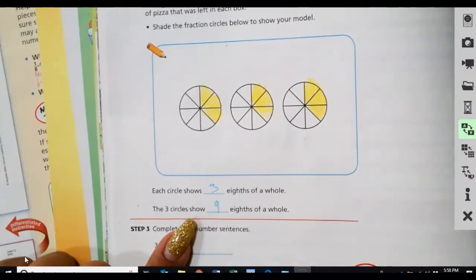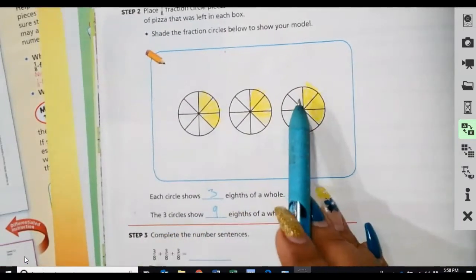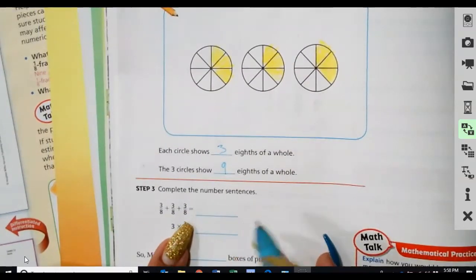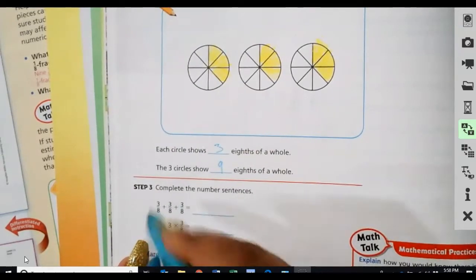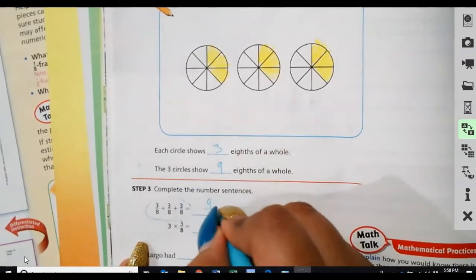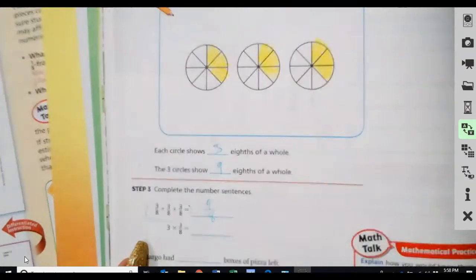Now we're going to complete the number sentence. So that's basically what it is, right? In the multiplication process. Complete the number sentences. 3/8 plus 3/8 plus 3/8. Remember that when we multiply, this is a way of writing it if we were adding it. So 3, 6, 9 eighths. That would give us 9/8. Let me write it in black so that you can see that clearer.